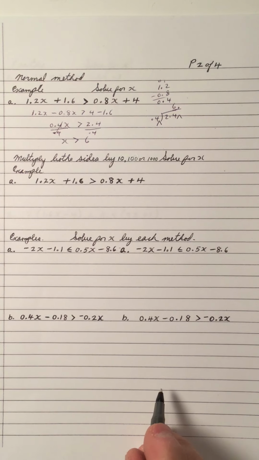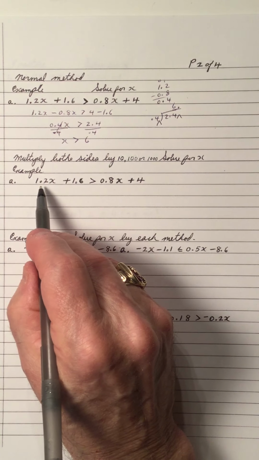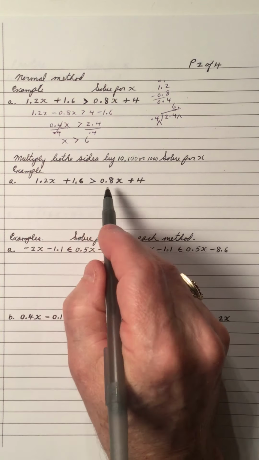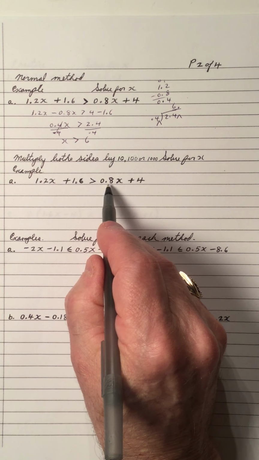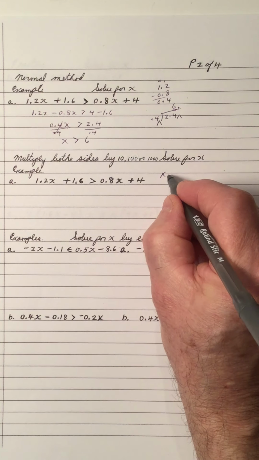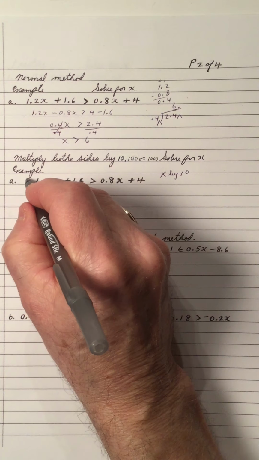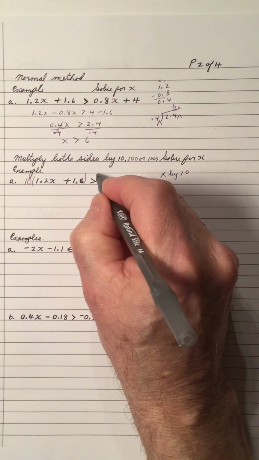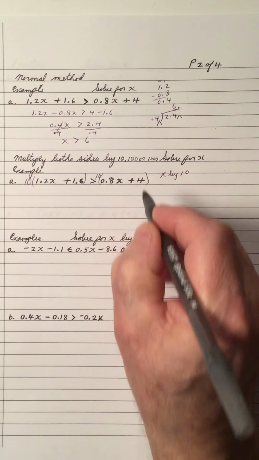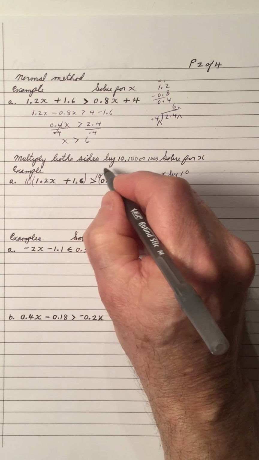The other method is you look at your decimal places, and it's got one decimal place, one decimal place, one decimal place. So because you have one decimal place, you multiply both sides by 10. Multiplying by 10 on each side, you will have no decimals left. You'd have whole numbers.